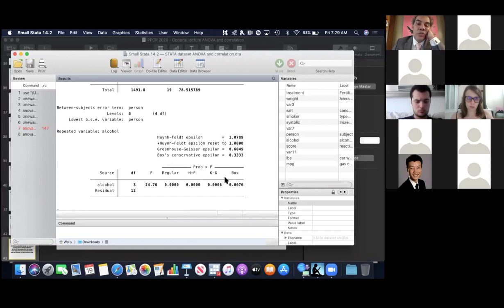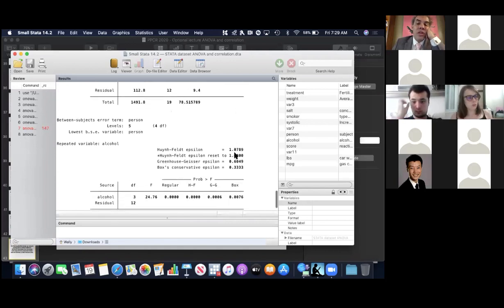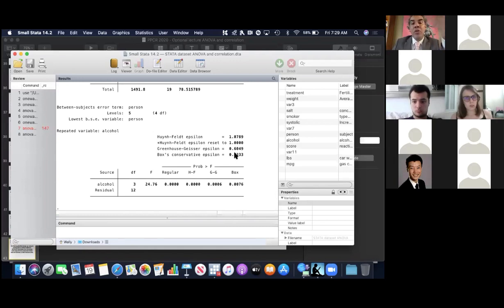I always use the Box because the Box is much more conservative than the other two, okay? So the p-value, which was 0.000, was changed because of the correlated variance to 0.0076, which is also significant, okay?